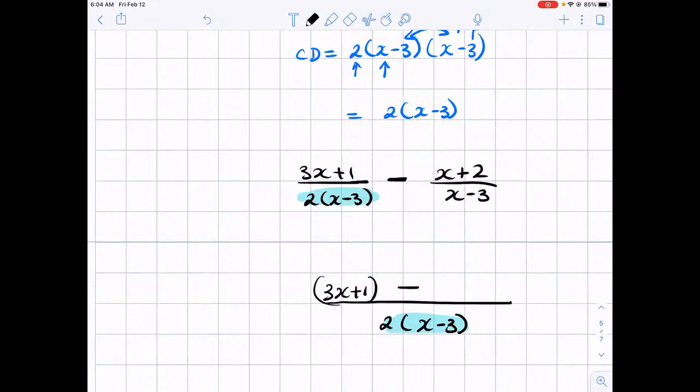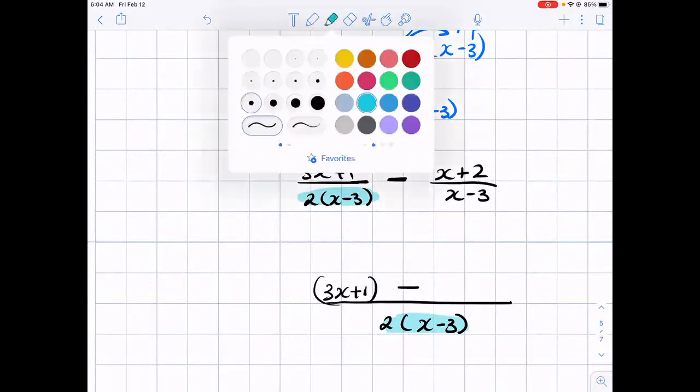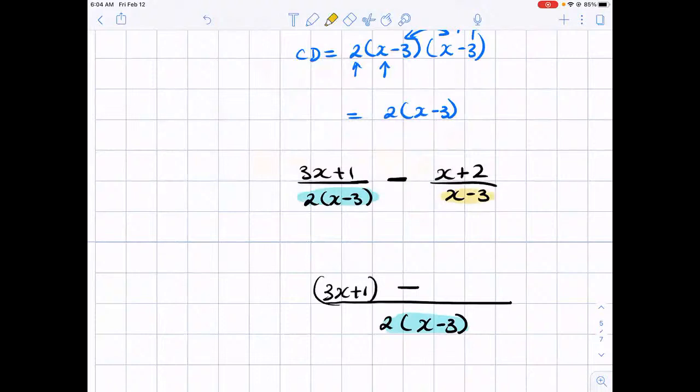okay, let's compare the next denominator. If you look at this denominator, we have x minus 3. If you compare it with the common denominator, we have 2 times x minus 3. So I'm really multiplying the top and bottom by some factor of 2. So this becomes 2 times x plus 2.